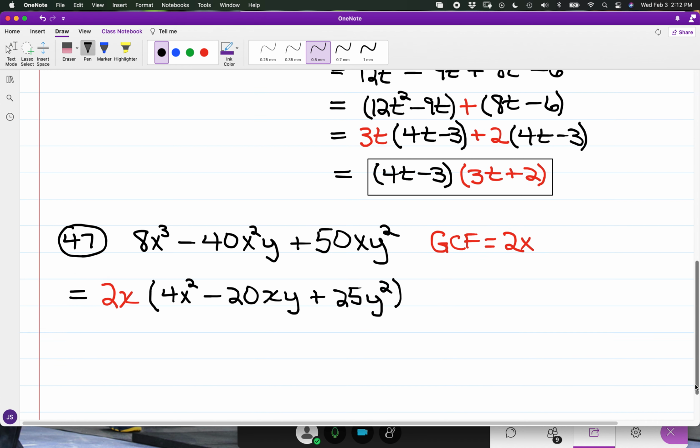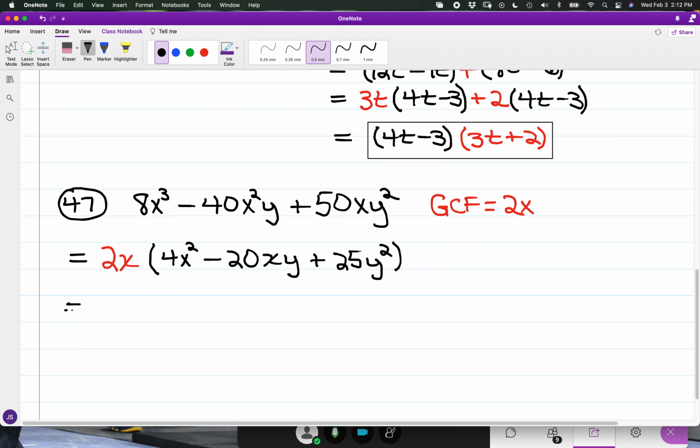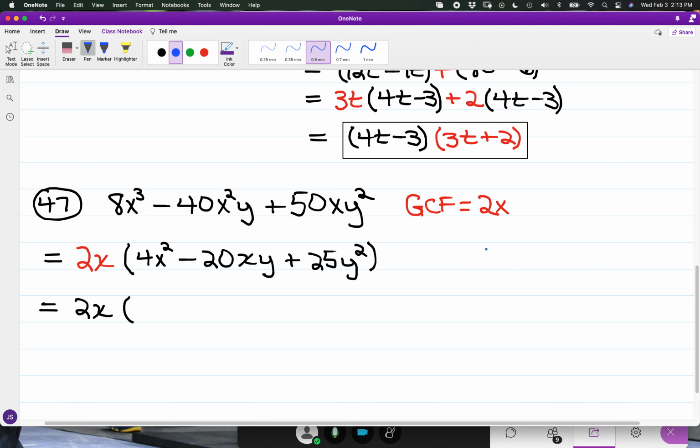And so right now we have 2x factored out. And now we have the trinomial that is left over, which is going to be factored out: 4x squared minus 20xy plus 25y squared.